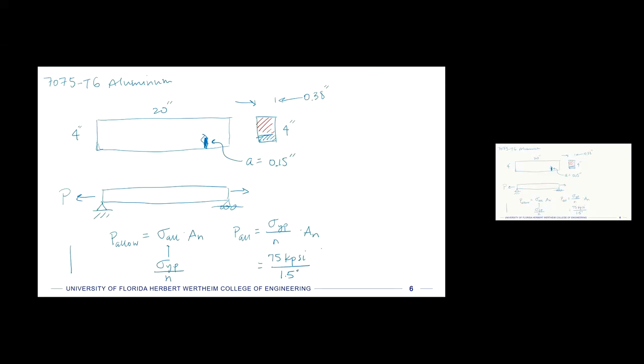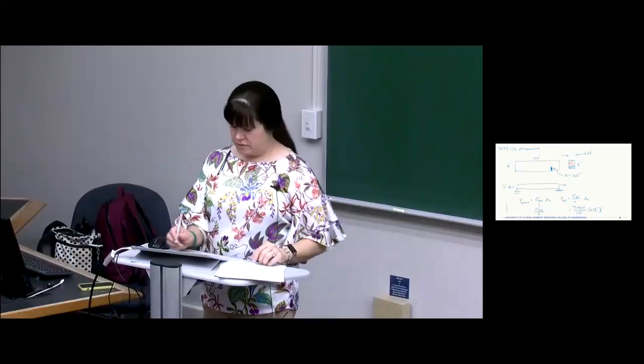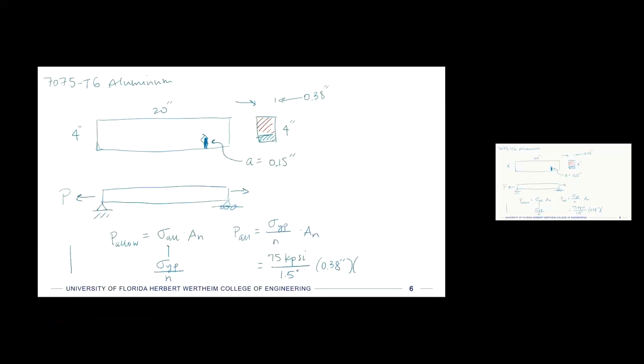Then the nominal area is where we need to be a little bit more careful. We know that the thickness of this thing is 0.38 inches. So that's one dimension that we have. And then the other dimension is our 4 inches, but it's minus that 0.15, right? This is what I mentioned in the last lecture about making sure you calculate the nominal area correctly.